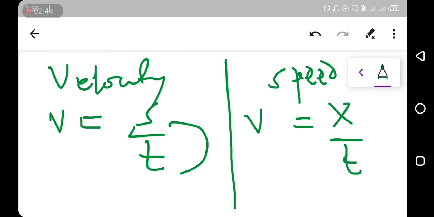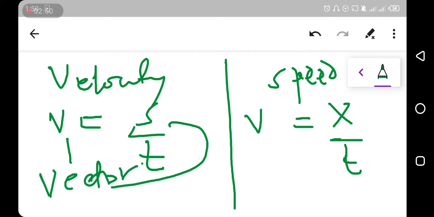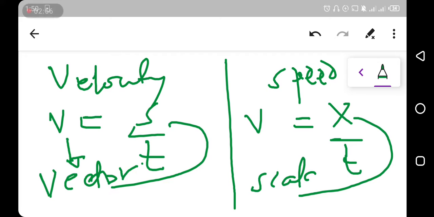Displacement is a vector, so the result for velocity is also a vector. But distance is a scalar, so the result for speed is also a scalar. So velocity is a vector and speed is a scalar.